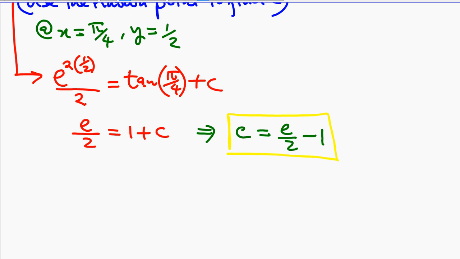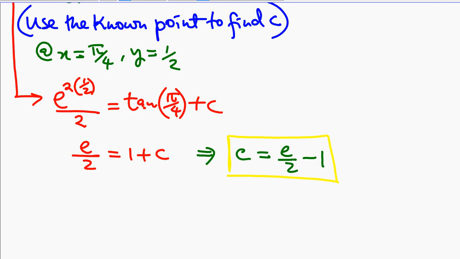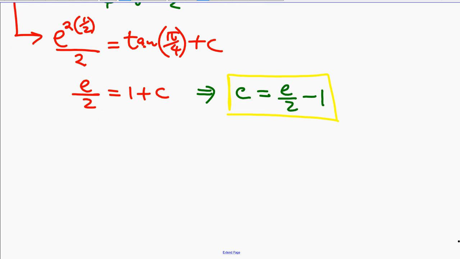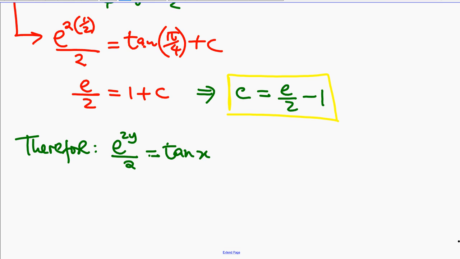So all that we need to do now is to go back and plug c into this equation here. So we'll end up with, you can say therefore, e to the power 2y over 2 will be equal to tan x plus e over 2 minus 1.